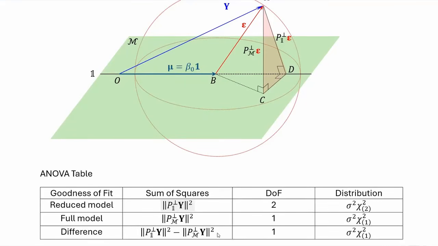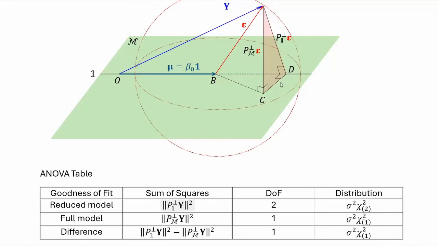The F statistic in this case is the difference between the residual sums of squares, i.e. the length of DC squared, divided by the residual sum of squares of the full model, that is AC squared. The letter A, the tip of the red vector, is hidden because the diagram is a little bit large.